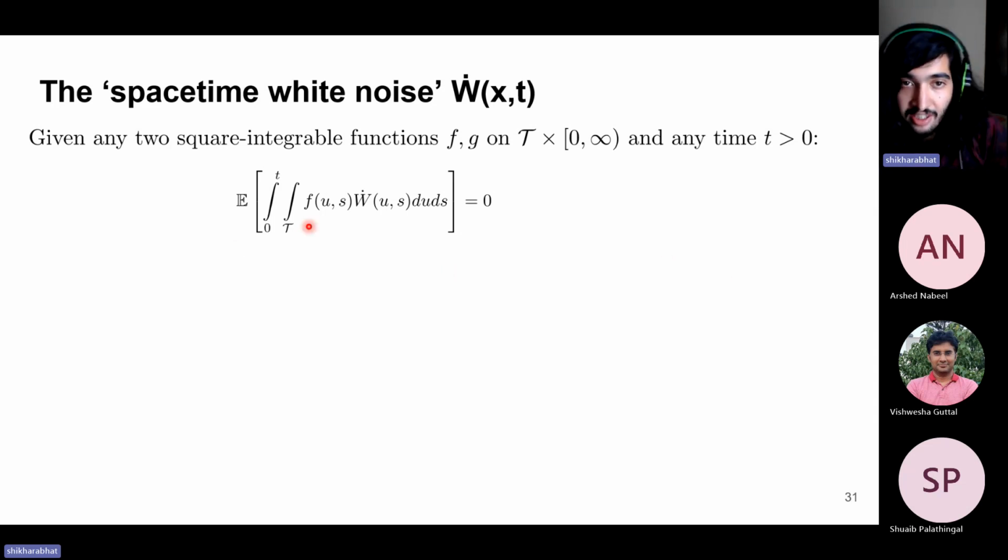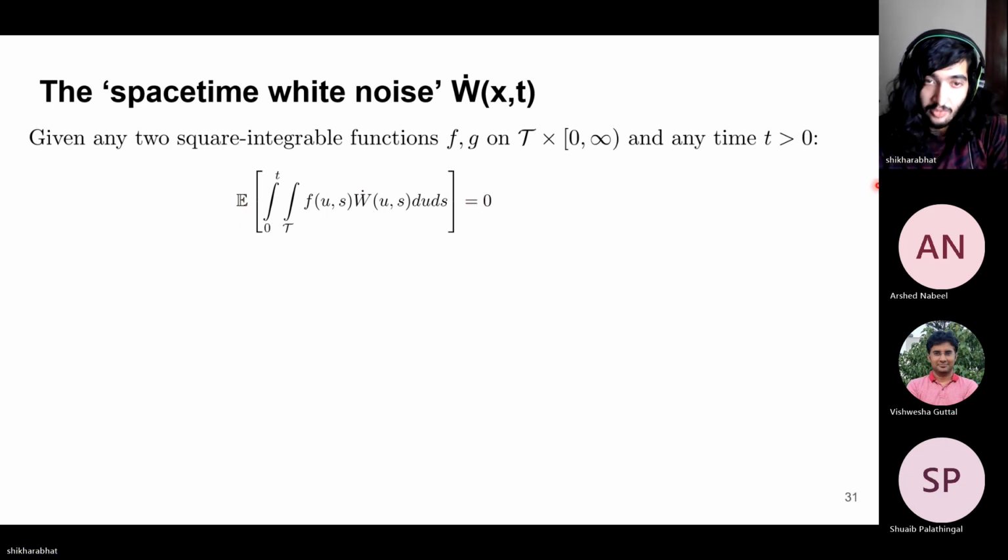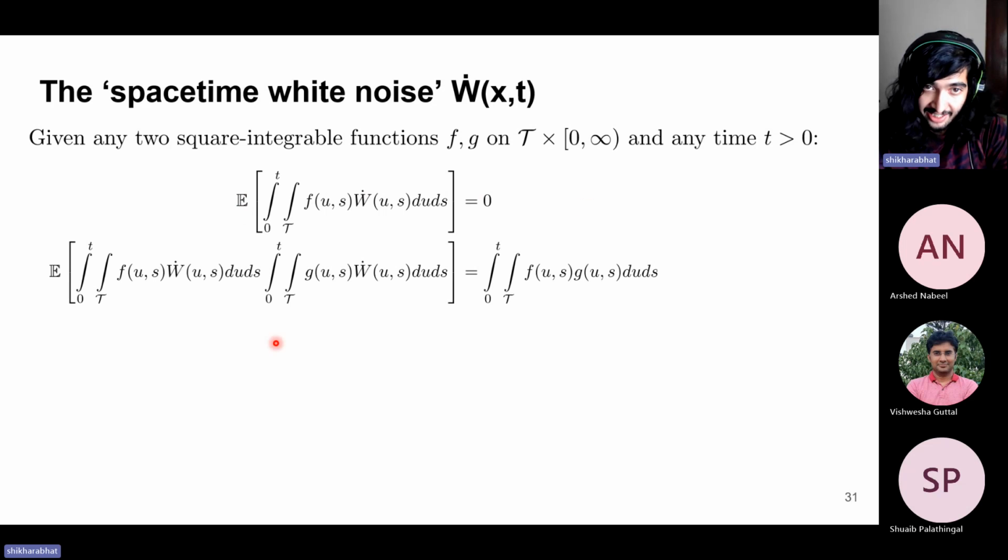This says that if I take the product f times W dot, integrate over the trait space and integrate over time, and take an expectation, I get 0. And if I have two functions and I try to do this, I do not get 0.